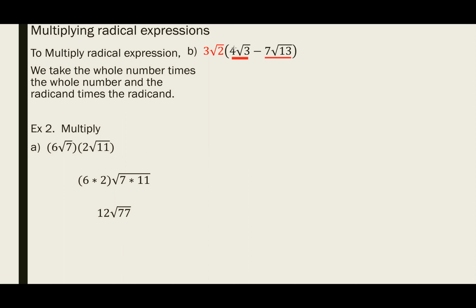So if you were to have this problem with a parenthesis, just like before, right? In order for you to multiply, we need to distribute this item into both of these items. Technically, what you do is take the 3 square root of 2 times 4 square root of 3 minus 3 square root of 2 times 7 square root of 3.